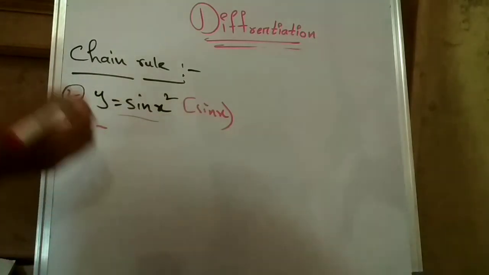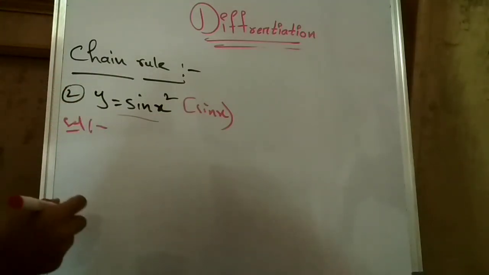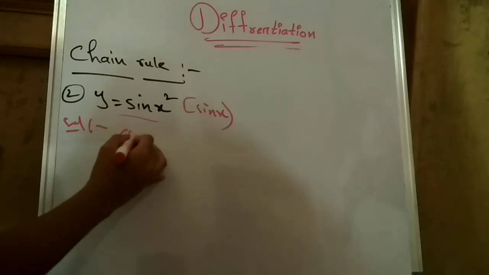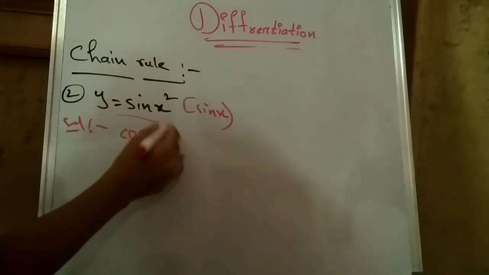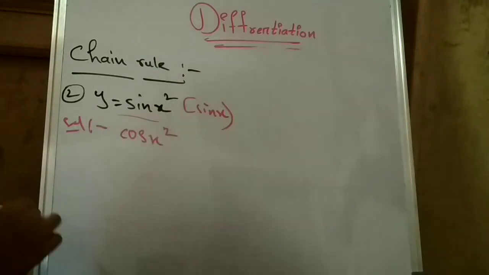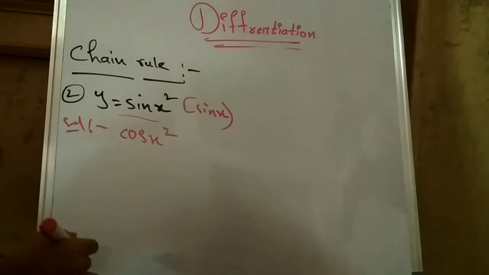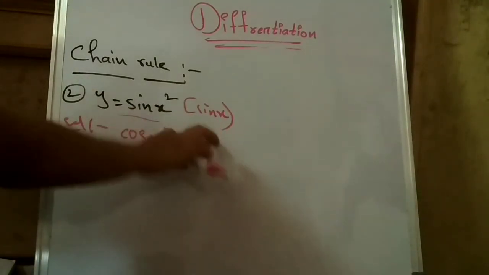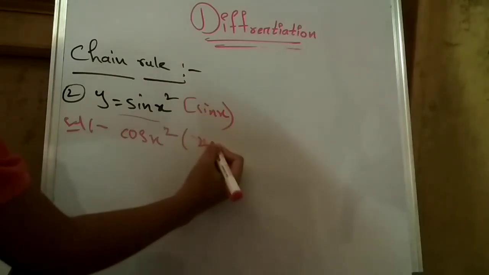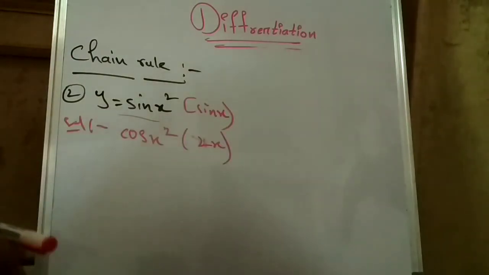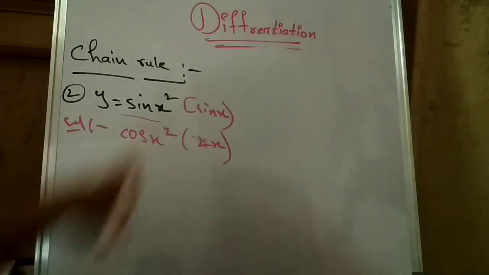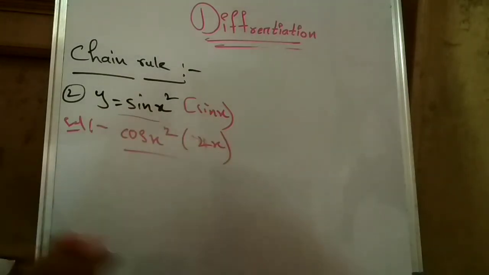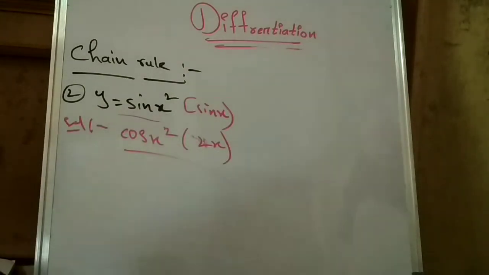So if that was sin x, you would get cos x. But square is there in reality, so we'll keep 2, right? And sin x is cos x, you know. So differentiate x. So you'll get 2x. So that will be 2x cos x square. Okay. So you have differentiated it.